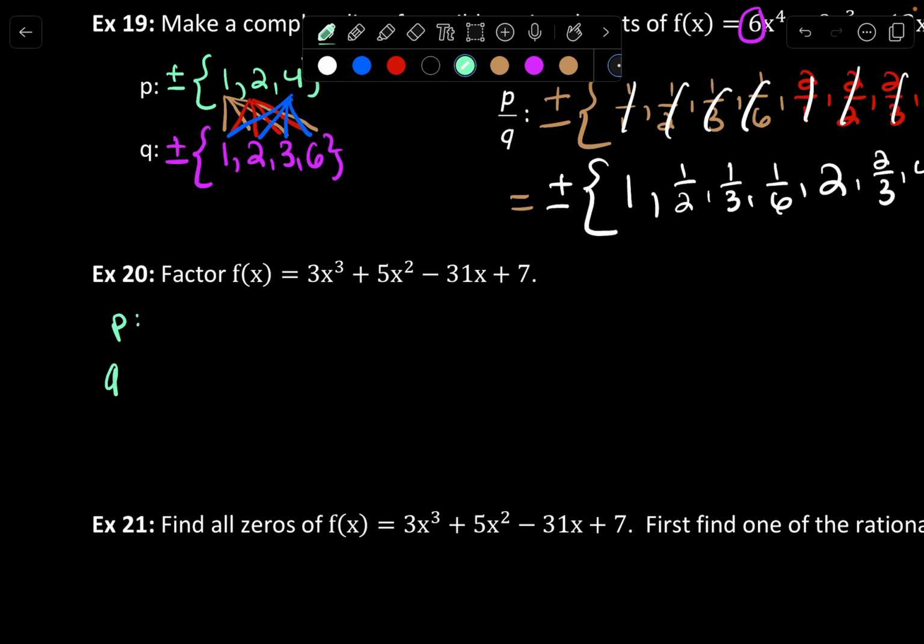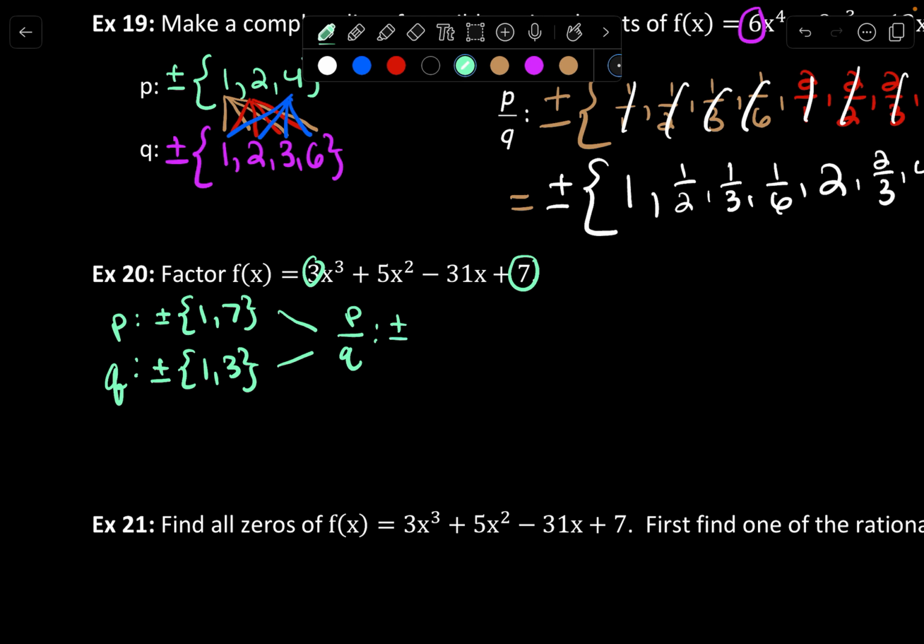I'm going to make a list for my p's and a list for my q's. The p is going to be the factor of the constant, so we'll have plus or minus 1 and 7. Yay, it's prime, so I only have two numbers in my set. And then the q is going to be 3, and again, prime. So we have 1 and 3. And we're going to take the ratio, p divided by q, plus or minus.